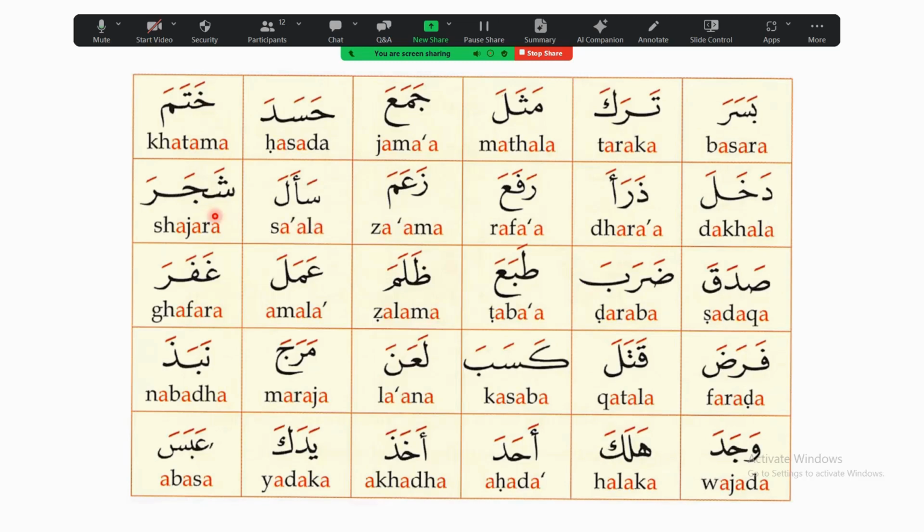The next one here is shin letter, jim letter and ra letter. Shajara. The ra again at the end will be heavy. I'm not saying shajara with a light ra, the ra is not empty mouth, but I'm saying raw, raw. At the end, this should be like raw. Shajara.